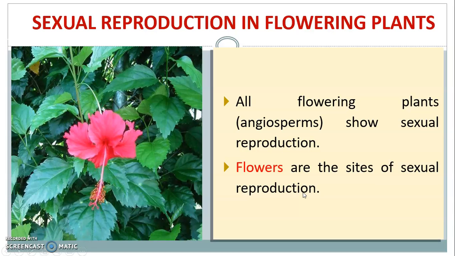And these plants have a very special site of sexual reproduction that is known as flowers. So the flower is the main structure which is ultimately involved in sexual reproduction. So how is it involved?